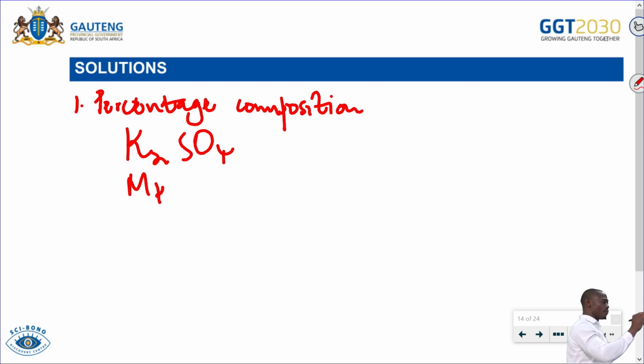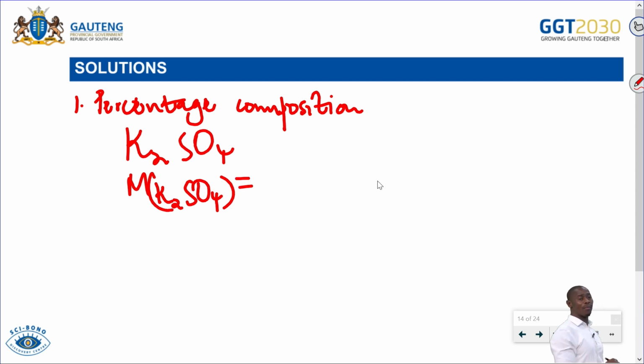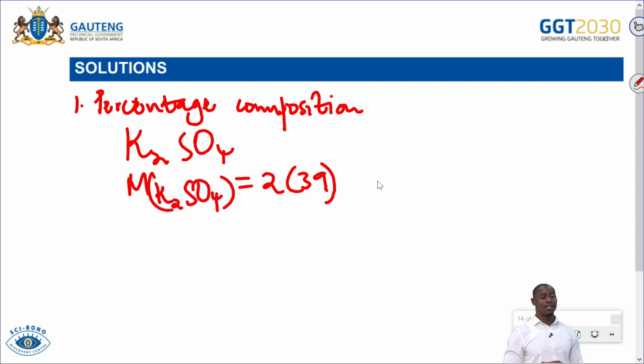How many atoms of potassium are present in one molecule of potassium sulfate? There are 2. So it will be 2 multiplied by 39, which is the relative atomic mass from the periodic table.